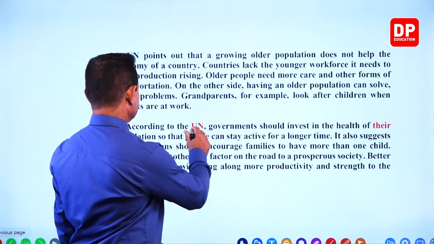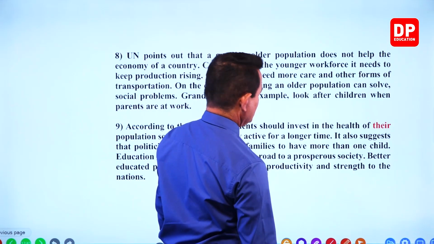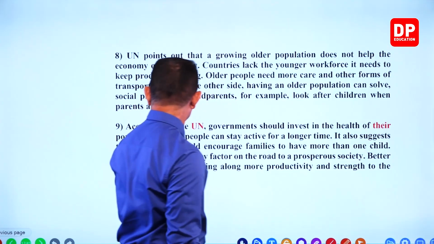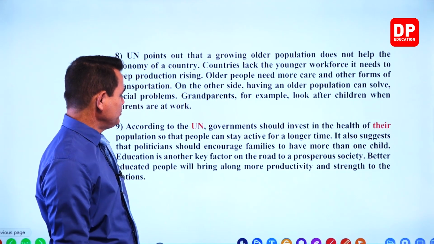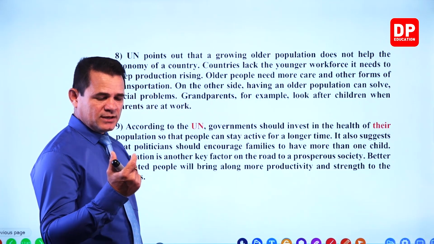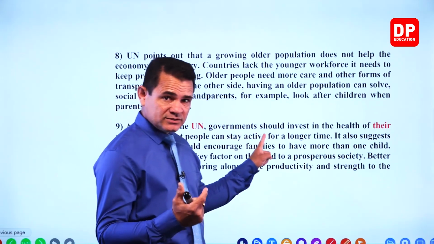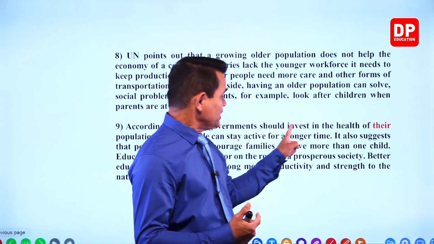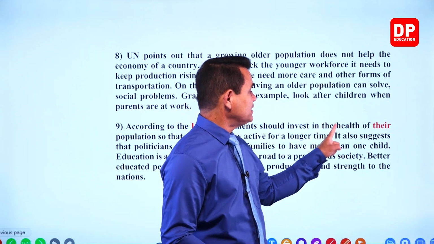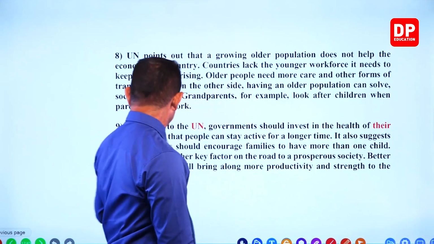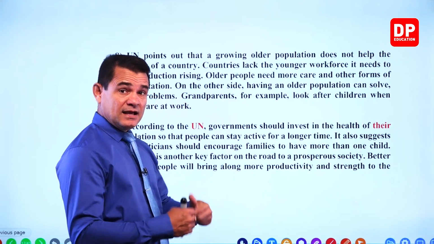Then paragraph 9, the ninth paragraph. What does their refer to there? Let's go to paragraph 9. According to the UN, that is the United Nations, governments should invest in the health of their population.